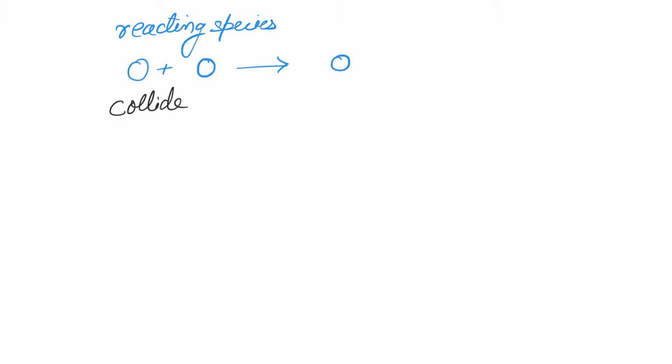So when there are two molecules that we are talking about, atoms or molecules, let's just say reacting species, when there are two reacting species in a reaction, they must collide together so that they can yield a product.